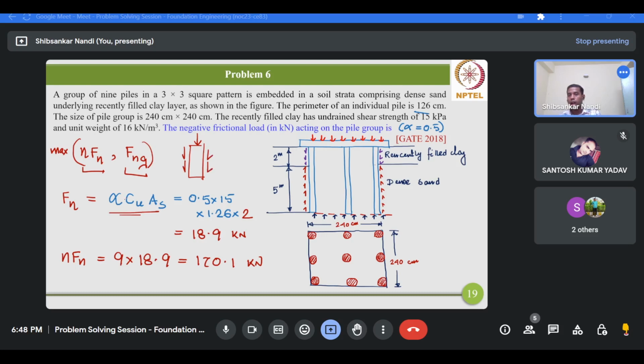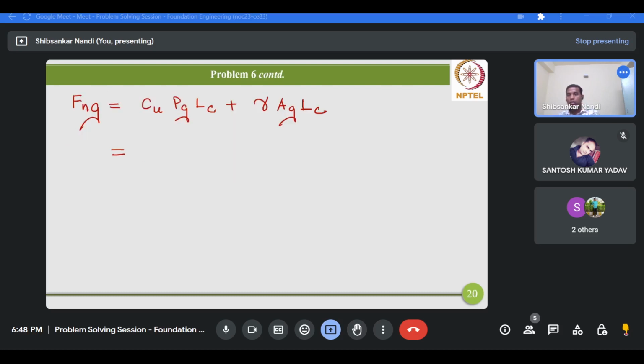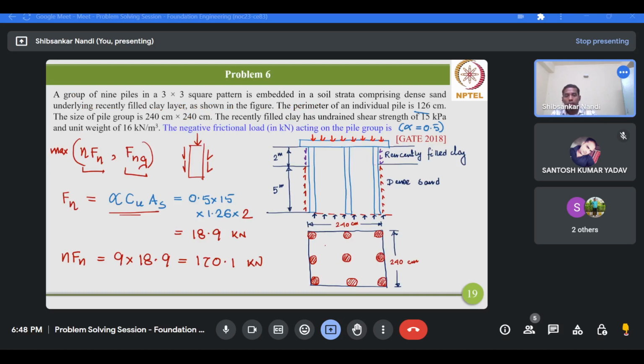So therefore it's alpha Cu As, adhesion factor you should consider. Okay. Now considering this group case, you will be having soil to soil interaction, so therefore there should not be any alpha. And one more thing, the weight of this recently filled clay, that also you should consider.